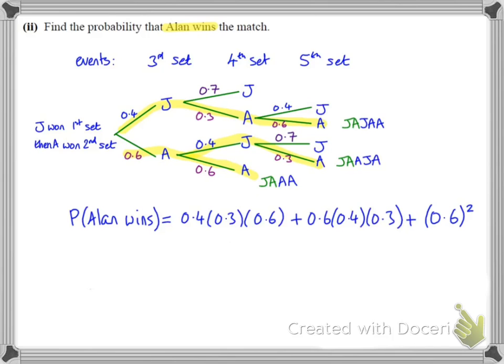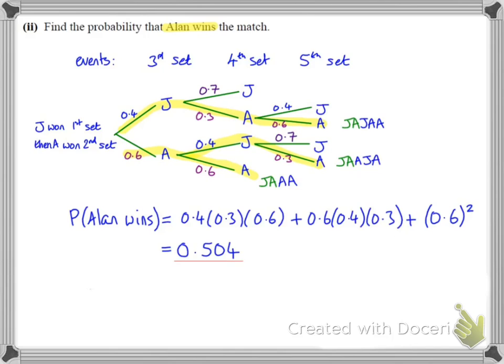Now typing that onto the calculator, I notice that these two are actually the same, so it will be easiest for me to type in 2 times 0.4 times 0.3 times 0.6 and then add on 0.6 squared. This will give me 0.504.